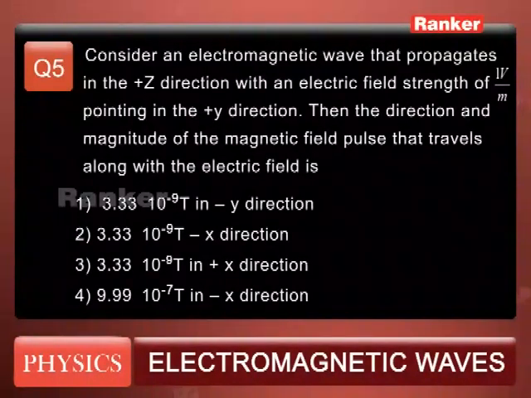The first option, 3.33 × 10^-9 Tesla in the negative y direction. Second option, 3.33 × 10^-9 Tesla in the negative x direction. Third option, 3.33 × 10^-9 Tesla in the positive x direction. And the fourth option, 9.99 × 10^-7 Tesla in the negative x direction.